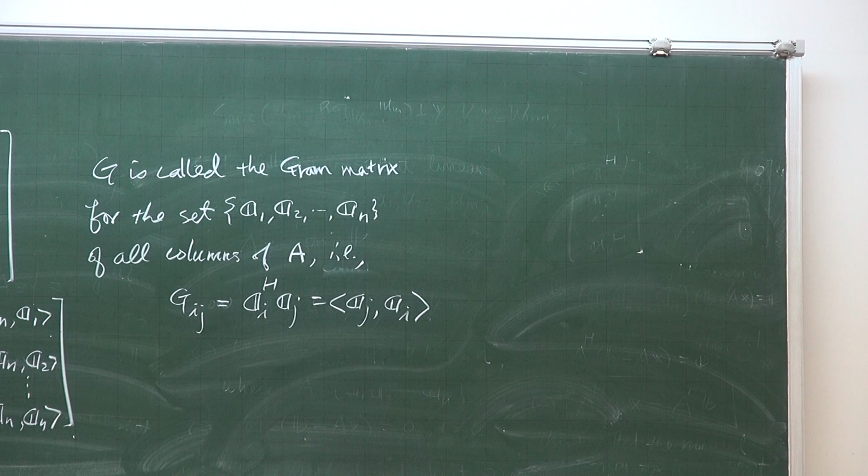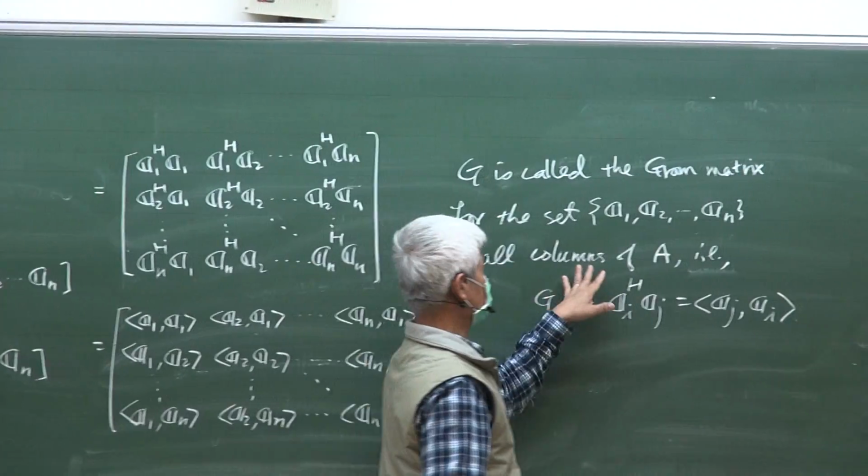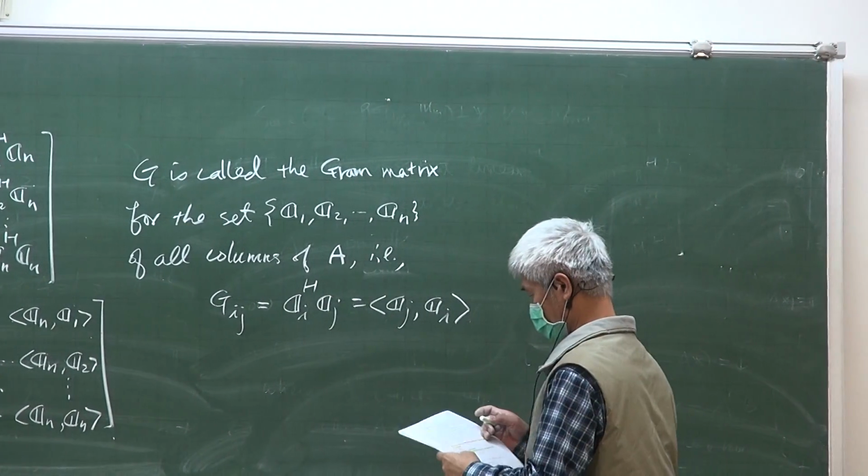So the coefficient matrix of the normal equation is actually the Gram matrix for the n columns of A.